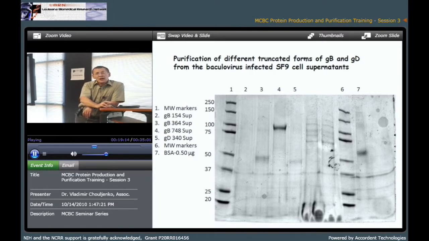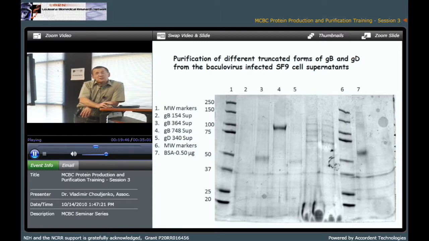It's also one of the HSV1 glycoprotein D. As you can see, we did not find the small protein GB154 in supernatant of infected cells. GB364 and GD340 are very similar in size, and you cannot say you have very high yield, but at least we have very highly purified protein which can be used for some functional analysis.